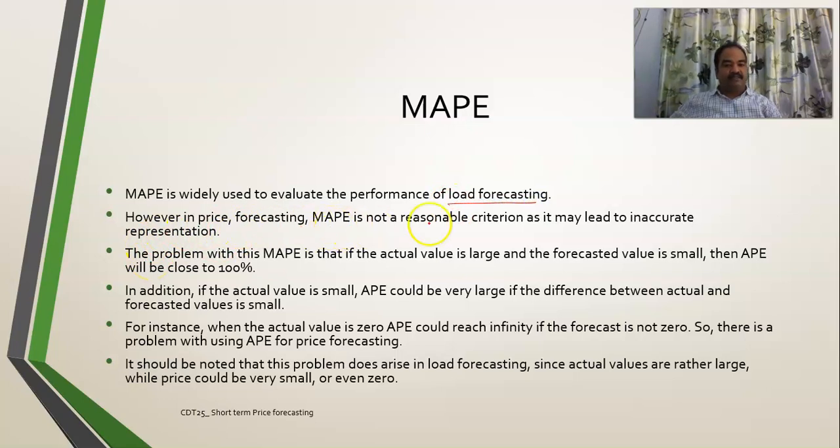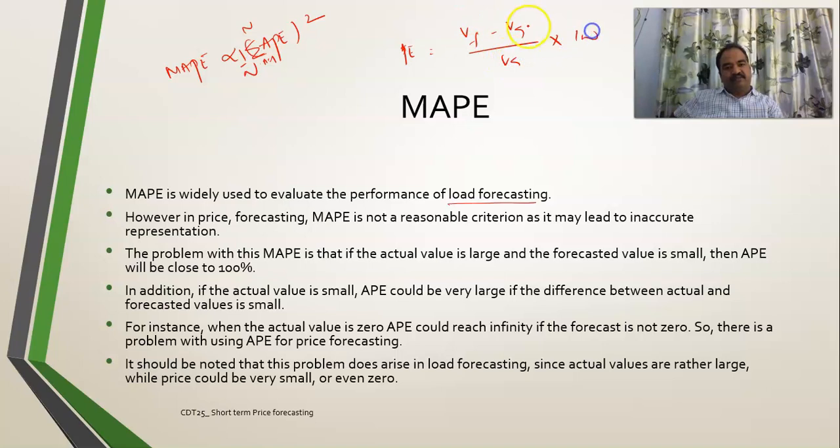However, for electricity prices, MAPE is sometimes not considered a reasonable criterion, as it may lead to an inaccurate representation. As I already told you, MAPE depends on the APEs. If you have n values, then, let us suppose, V is the forecasted value minus the actual value. Now suppose the actual value is very large and the forecasted value is very small.